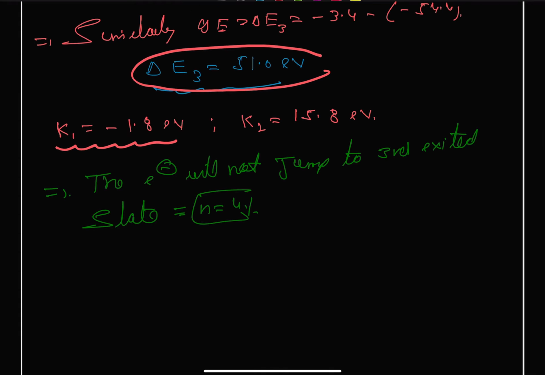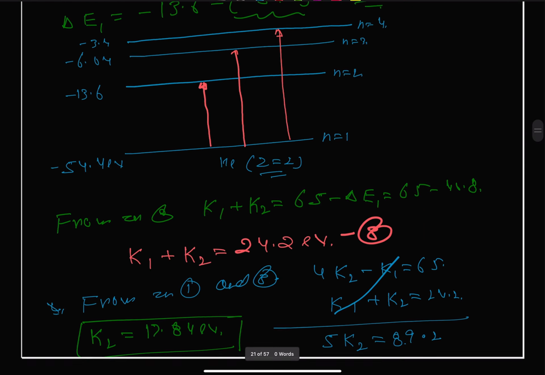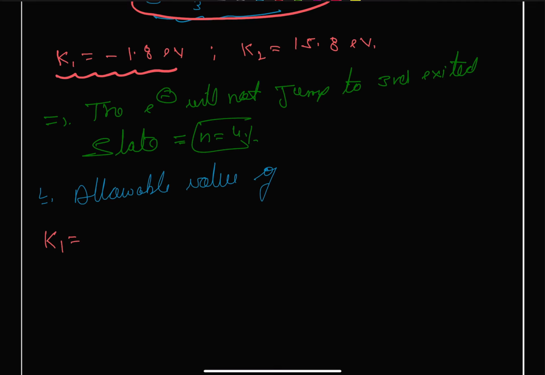So therefore, the allowable values of K1 will be equal to 6.36 and 0.312 electron volt, and for K2 we are going to have 17.84 and 16.328 electron volt.